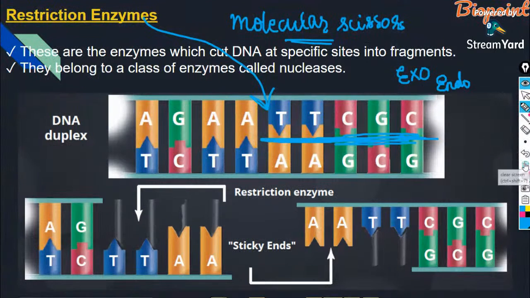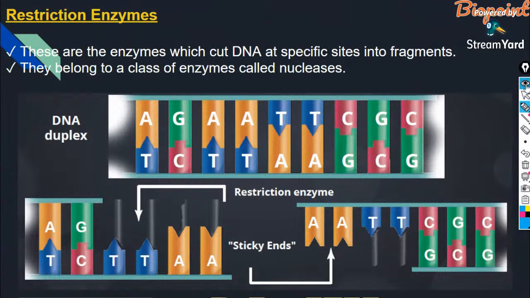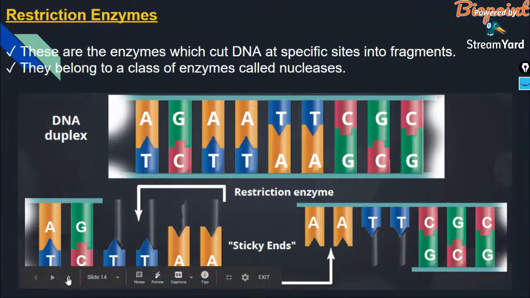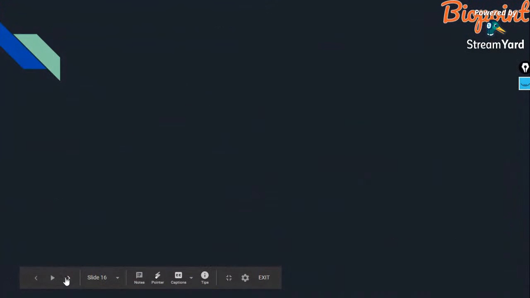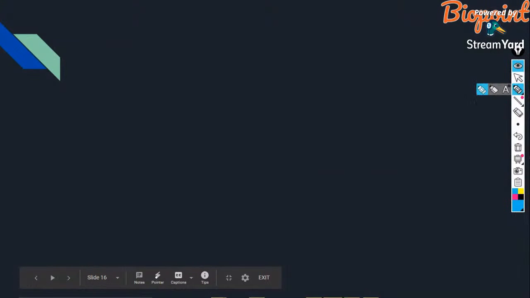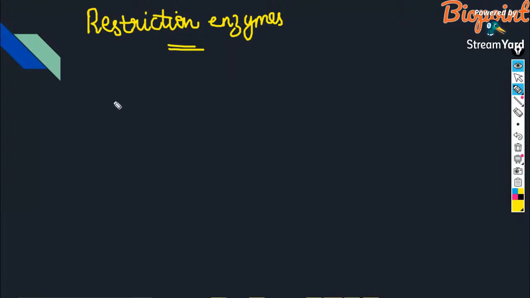Next, the cutting of the DNA fragments. Okay, I'll take a blank slide. The cutting of the DNA fragments can bring about two different things. I'm telling about the action of restriction enzymes.